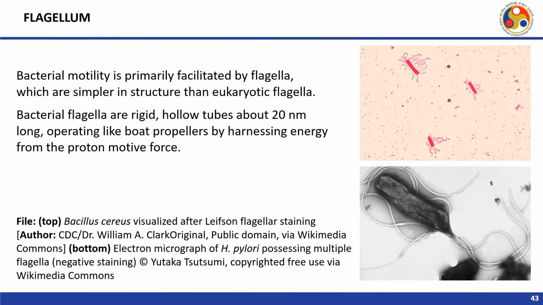So, you can see these small structures here and also the magnified structures in these two pictures. Bacillus on the top, and H. pylori, which possesses multiple flagella, as can be seen by negative staining here.